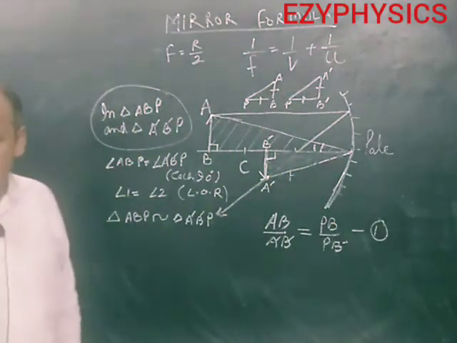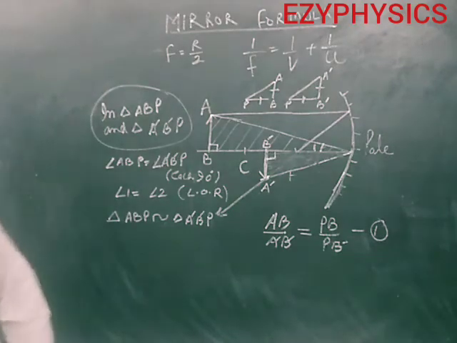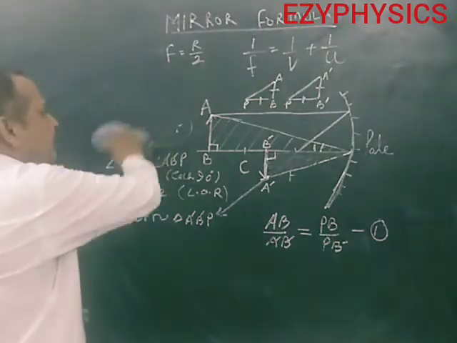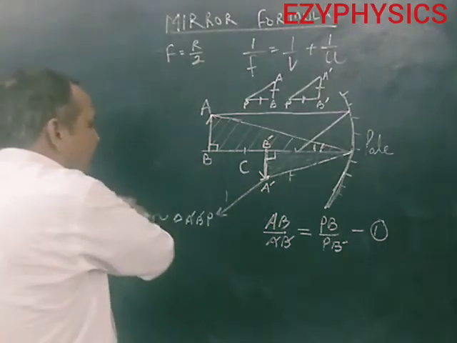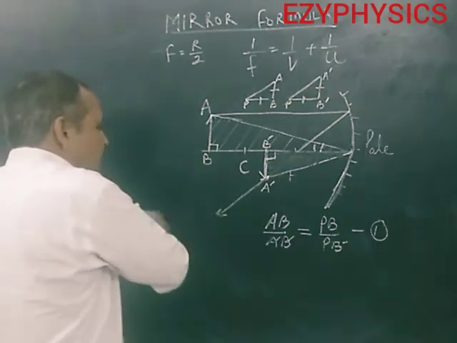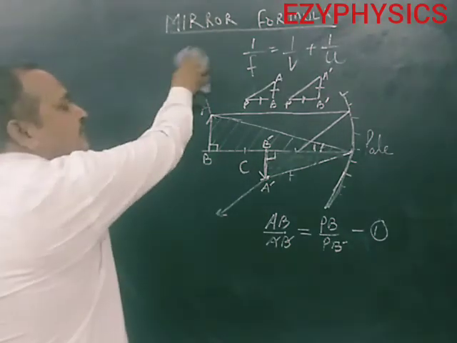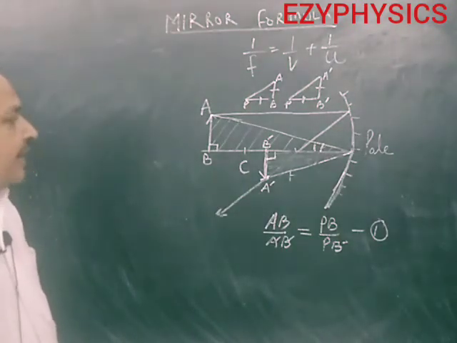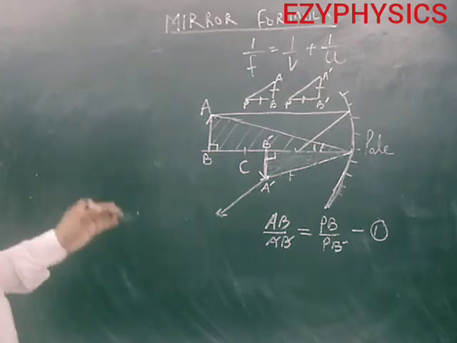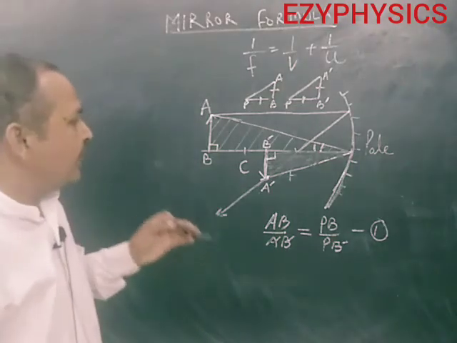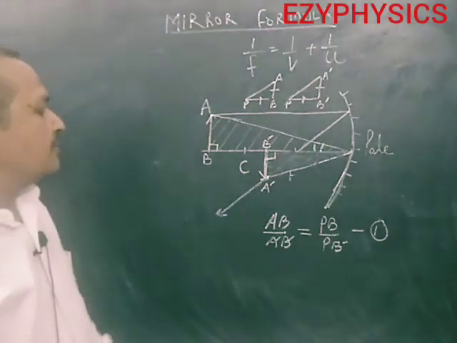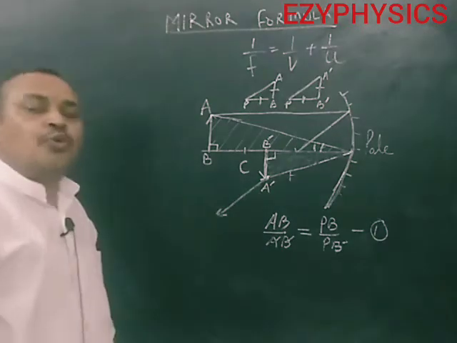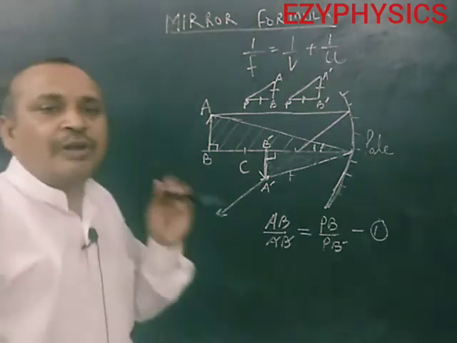In the same manner, my dear friends, we will take one more pair of triangles and then get equation number 2. Which pair of triangles are we going to use now? Because we have already taken ABP and A'B'P, I can use the third rule here.